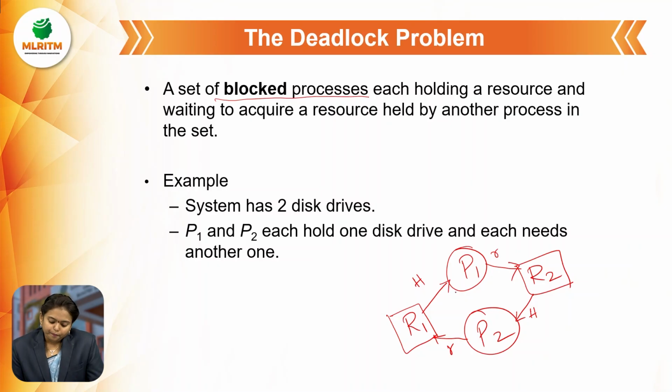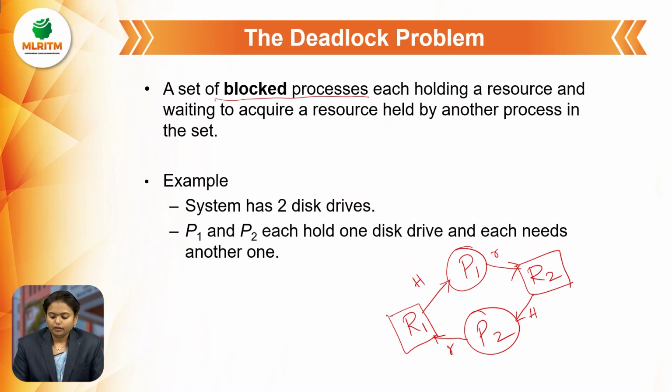Whenever process P1 holds R1 and is waiting for R2, it is requesting R2. Until R2 is acquired, process P1 is not executed, because P1 needs both R1 and R2 for execution.